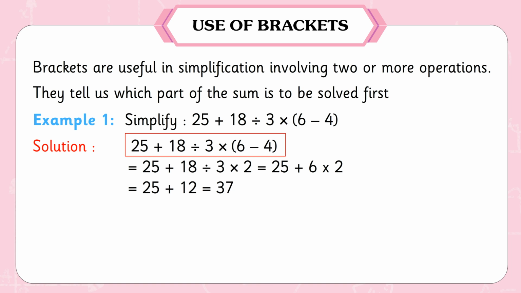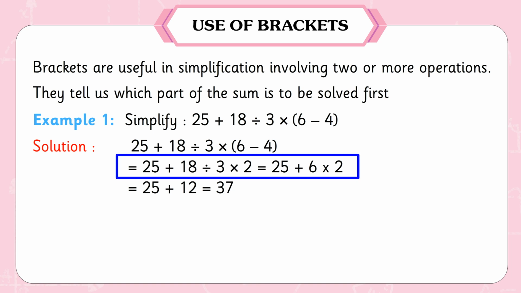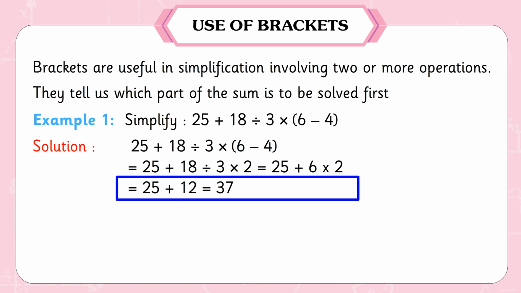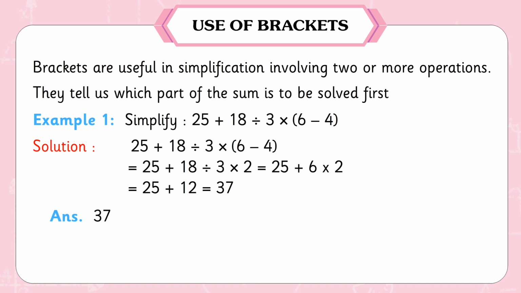Solution. 25 + 18 ÷ 3 × (6 − 4) = 25 + 18 ÷ 3 × 2 = 25 + 6 × 2 = 25 + 12 = 37. Answer: 37.